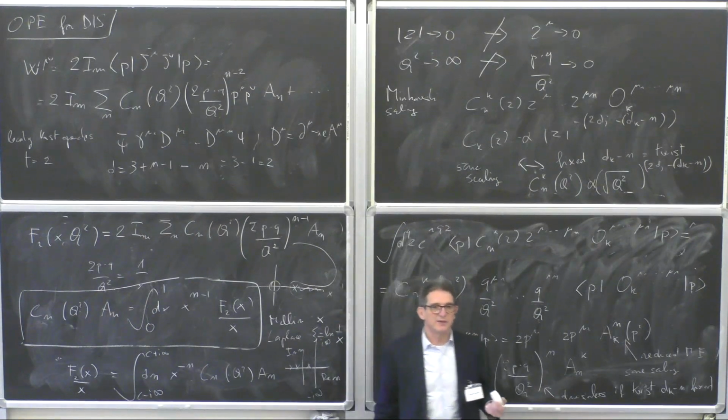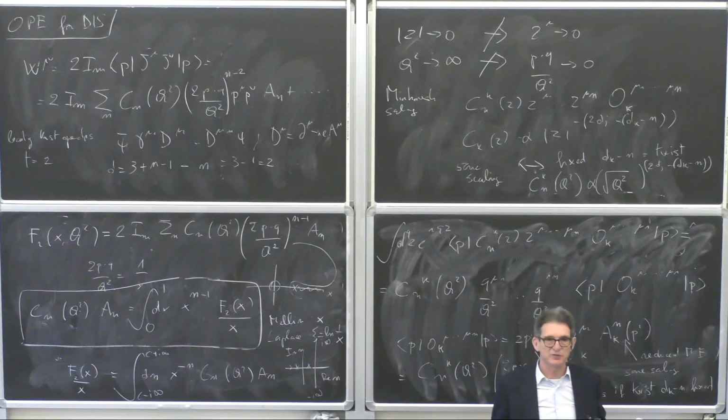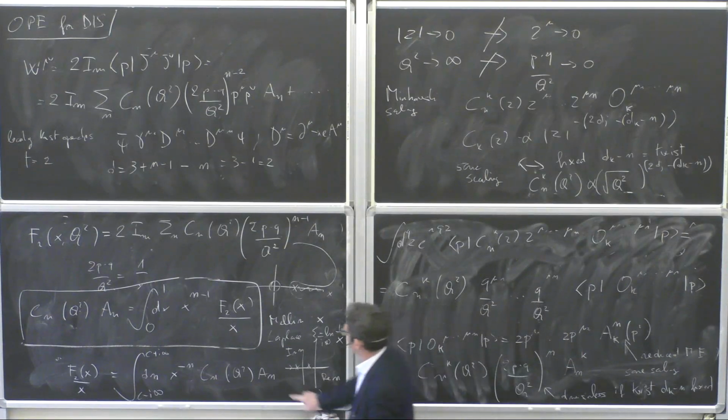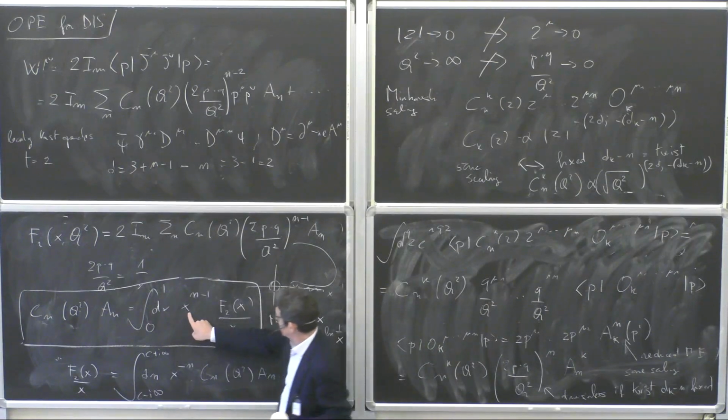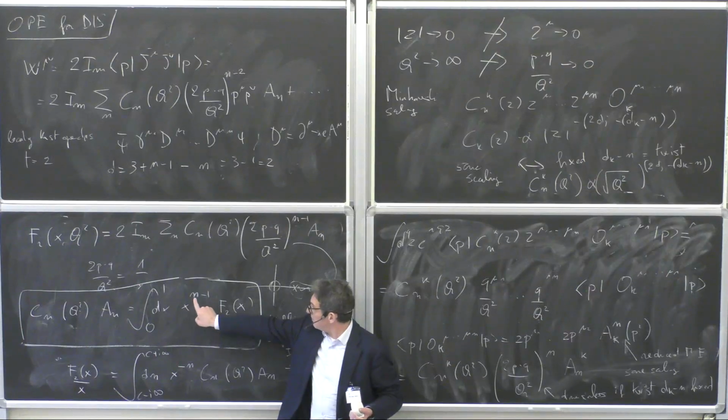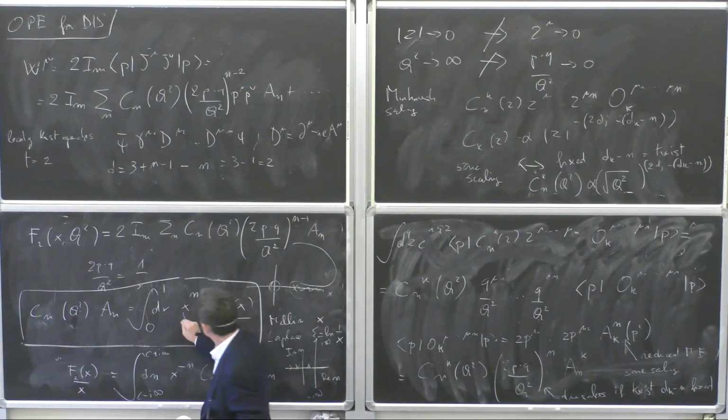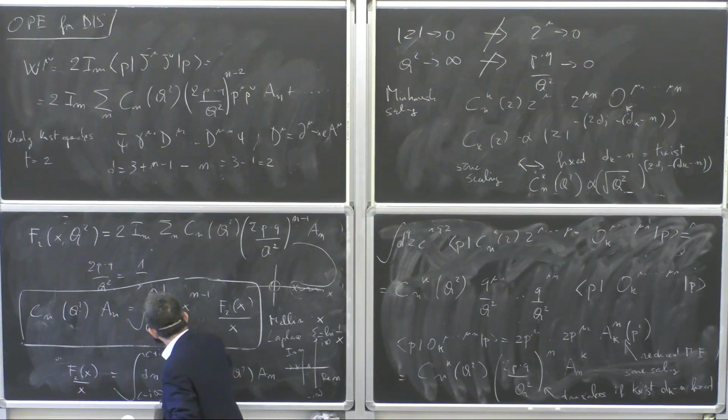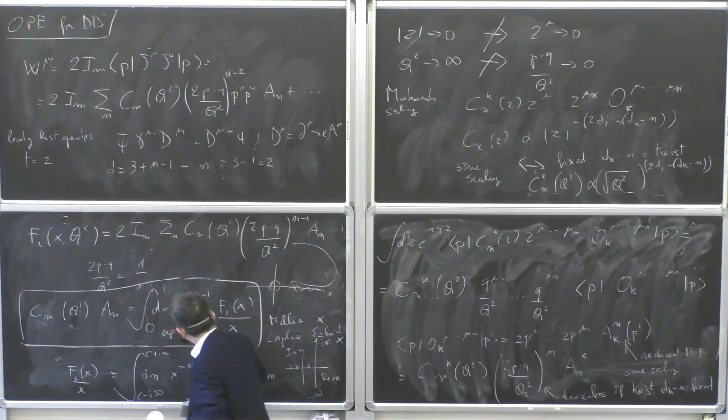And you know that for any reasonably behaved function, this must exist, because just look at this guy here. This is like exponential of minus n, so this is like exponential of minus n log 1 over x.